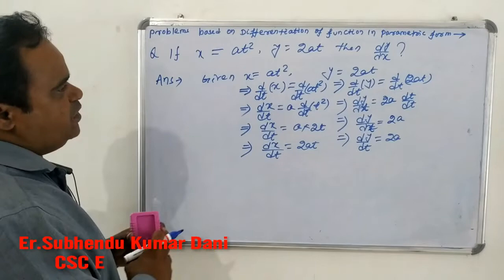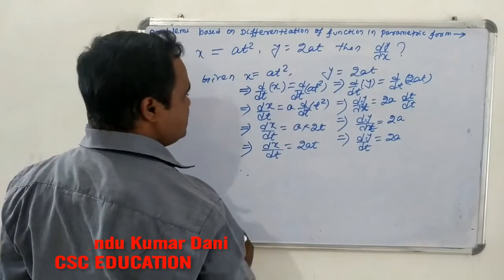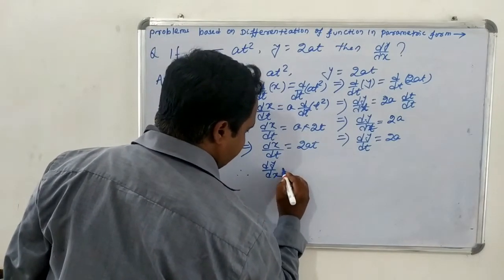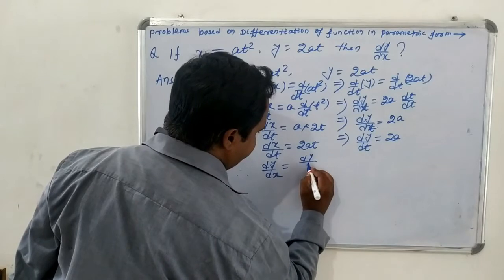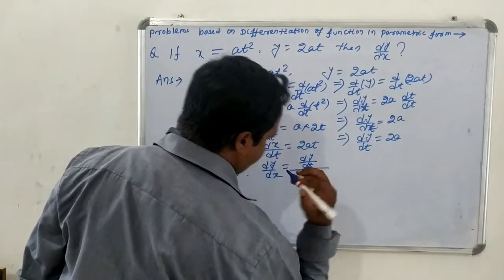Now we have to find dy by dx. So dy by dx equals dy by dt divided by dx by dt.